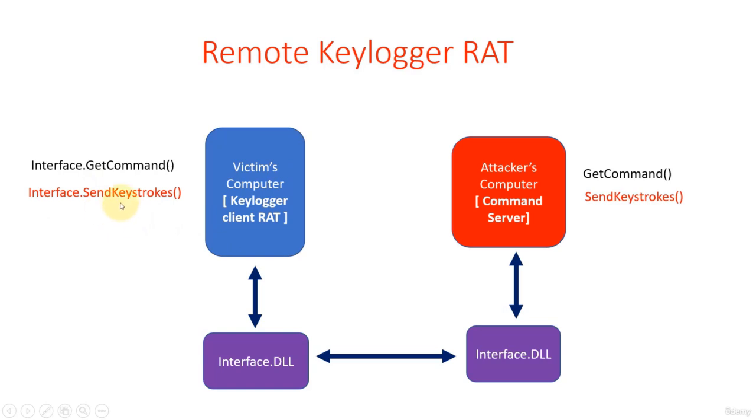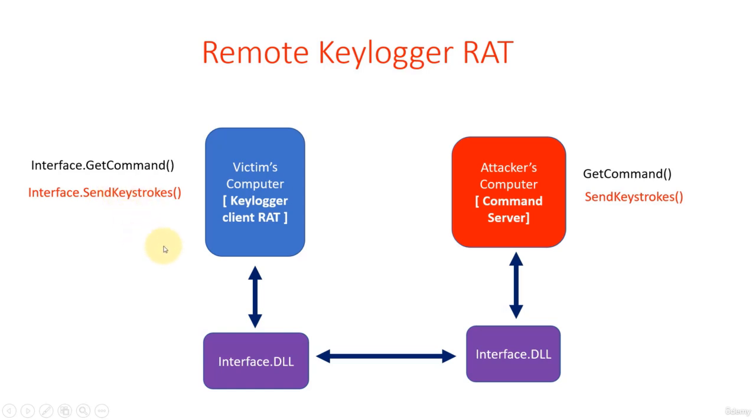What is new is the second one, send keystrokes. This send keystrokes command is implemented on the command server and advertised by the interface. So when the victim computer wants to send the keystroke file, it will use this command.